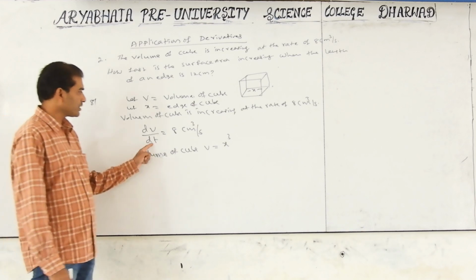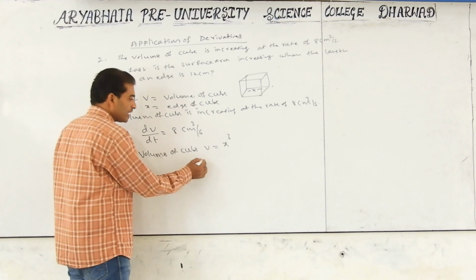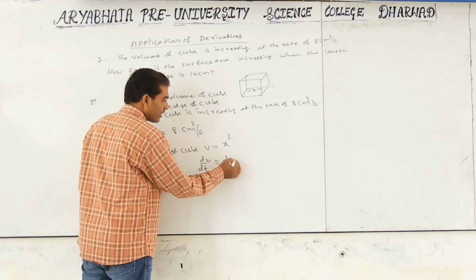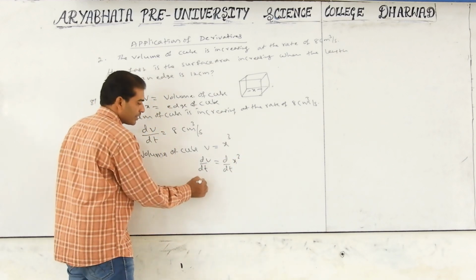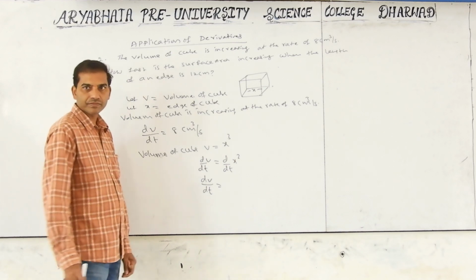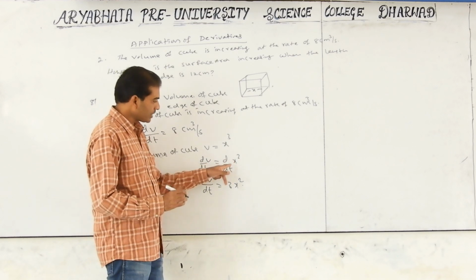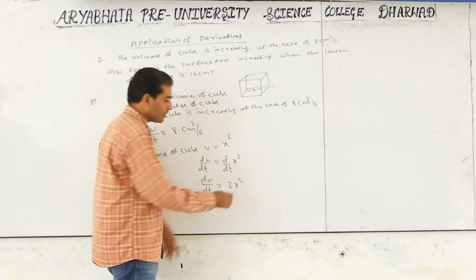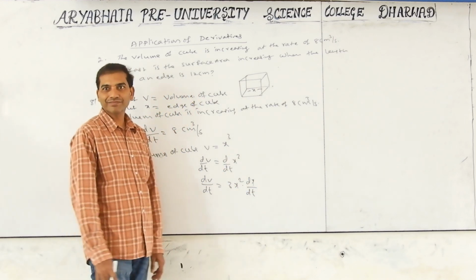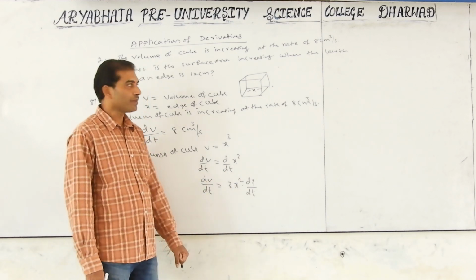Now we should apply differentiation with respect to time. Given dV by dt, so d by dt of V equal to d by dt of x cube. dV by dt equal to the differentiation of x cube, 3x square into the differentiation of x with respect to t, dx by dt. Understood? The differentiation of x with respect to t is dx by dt.